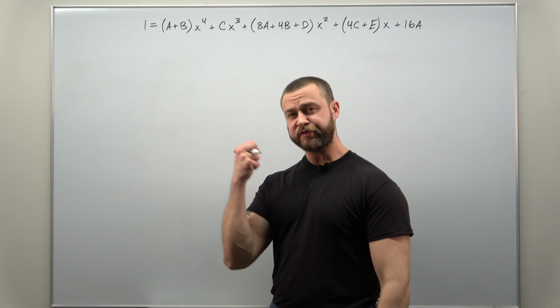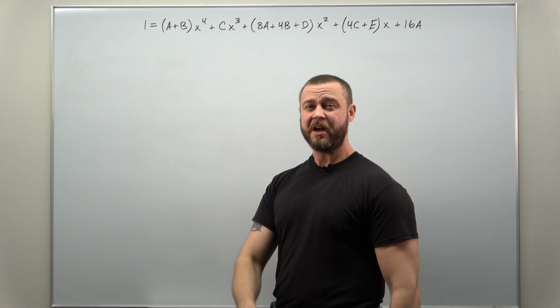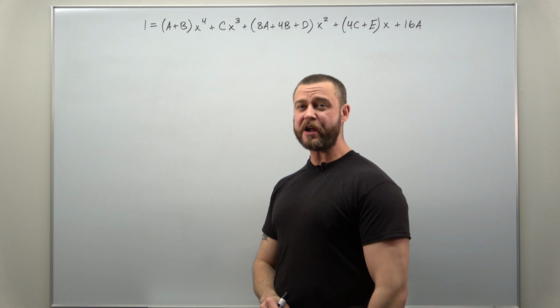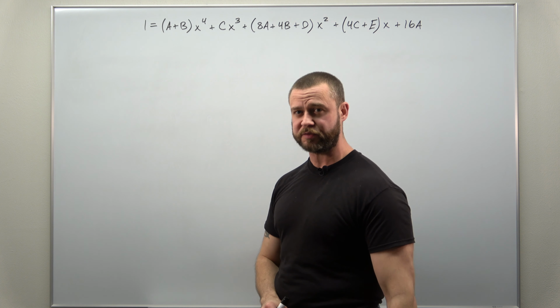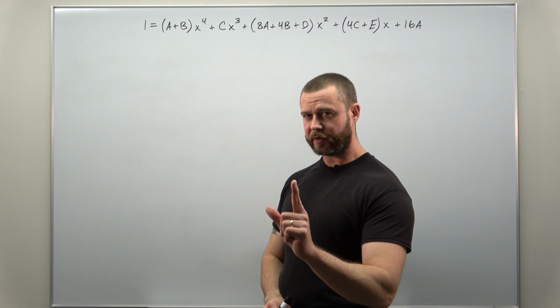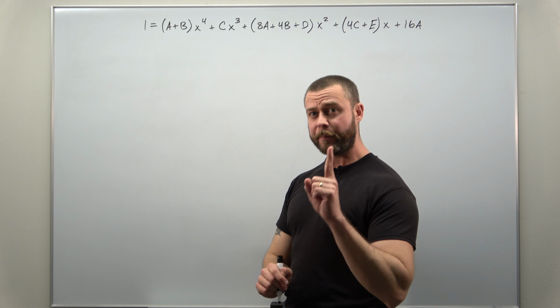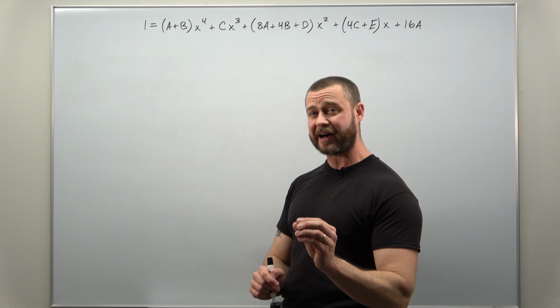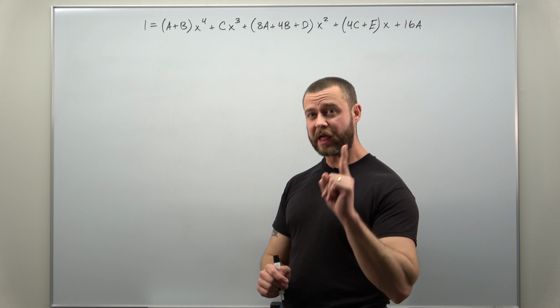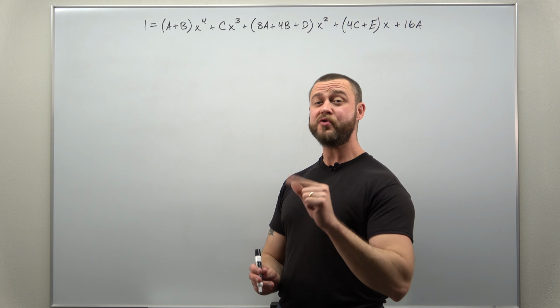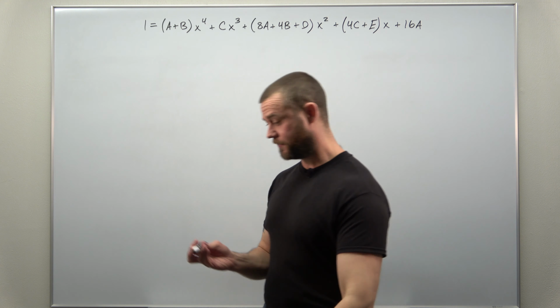If you're ready, let's go ahead and tackle this beast of a system of 5 equations involving 5 unknowns. Now again, the left side looks a little bit weird because there's only a 1 there, but let's rewrite it so that way we have powers of x. Any powers of x that are missing, you can include with a 0 coefficient.